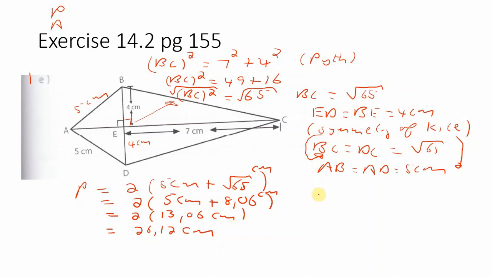So now all that remains is to calculate the area. We know the area of a kite is, we take the diagonals multiplied by each other and multiplied by a half.